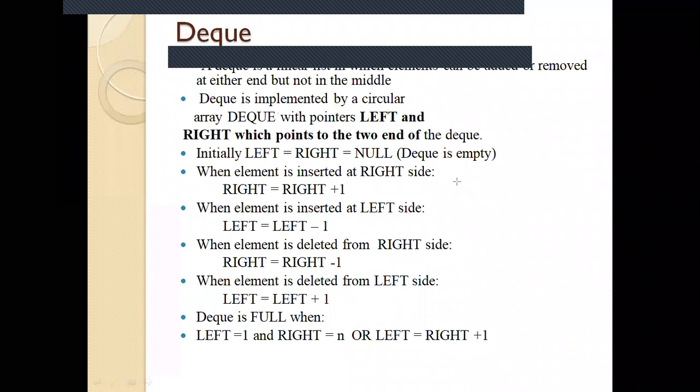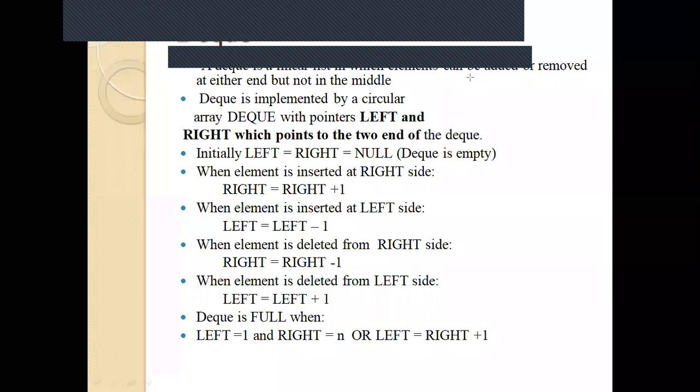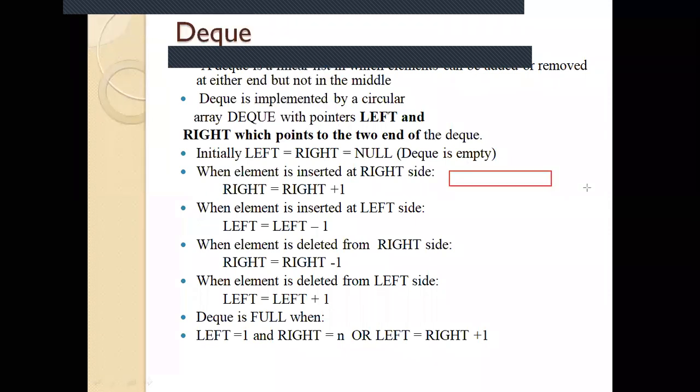I will take one example from your book. Suppose this array has size 5: 1, 2, 3, 4 and 5.